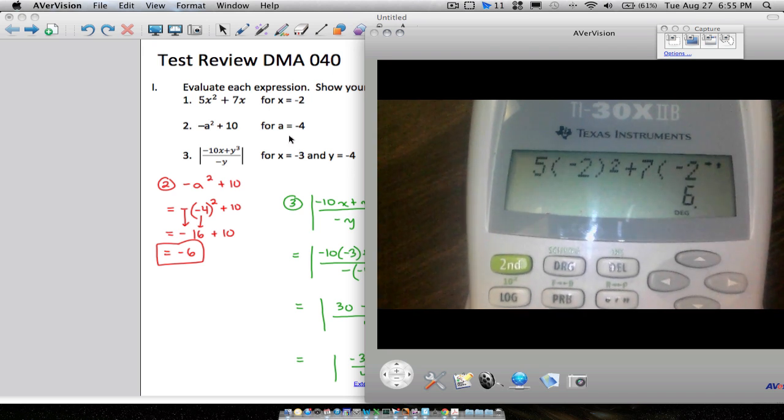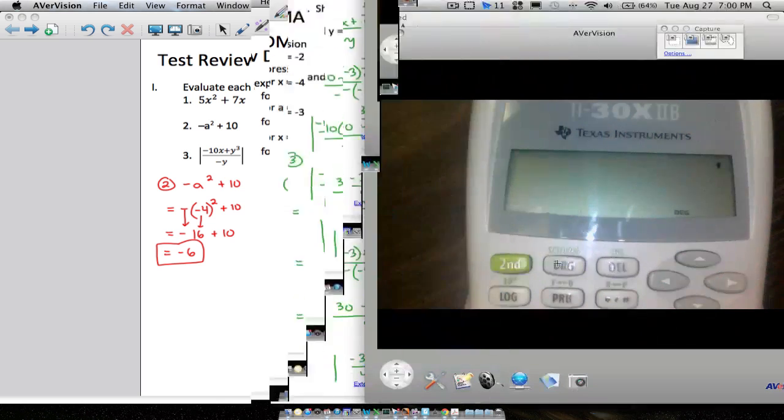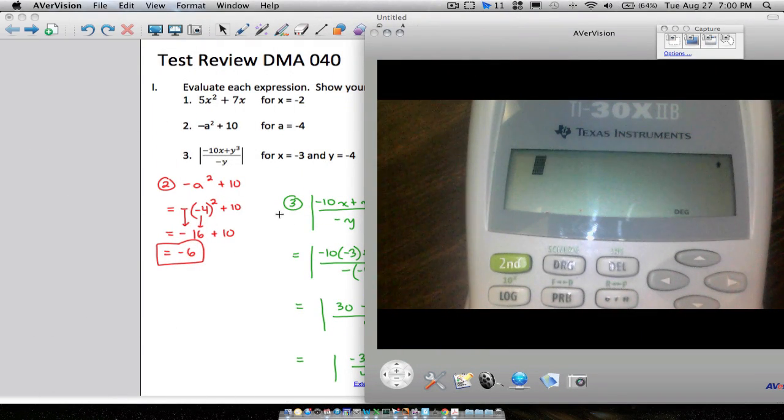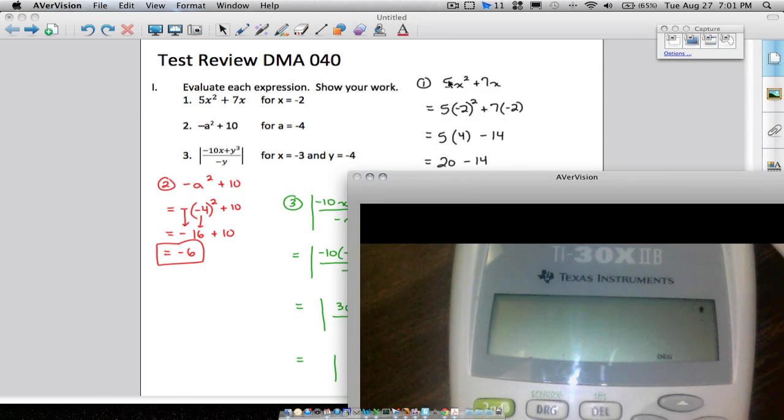All right. Now, question number 2, we should get negative 6 for this answer. So we have negative a squared plus 10, and we're going to plug negative 4 into a. So plugging negative 4 into a, it looks something like this on the calculator. And again, you can just follow along right here too. I'm going to pretty much type it in the same way I wrote it down right here. And that's what I did for that example up here as well.